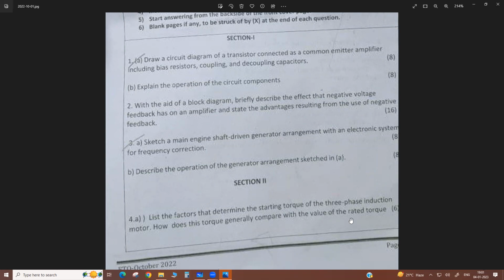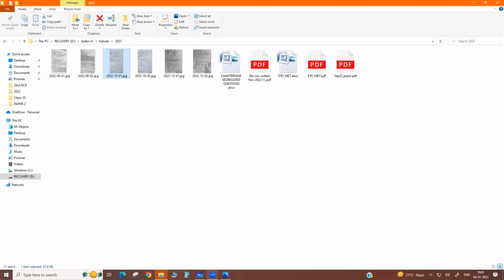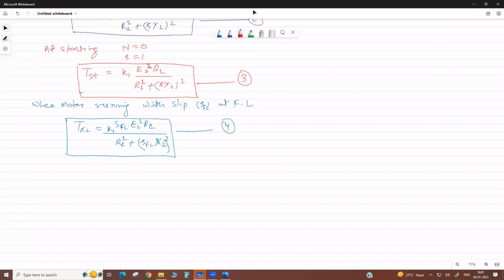So actually the starting torque is higher than the full load torque. It is like 150%, or sometimes 200%, double.